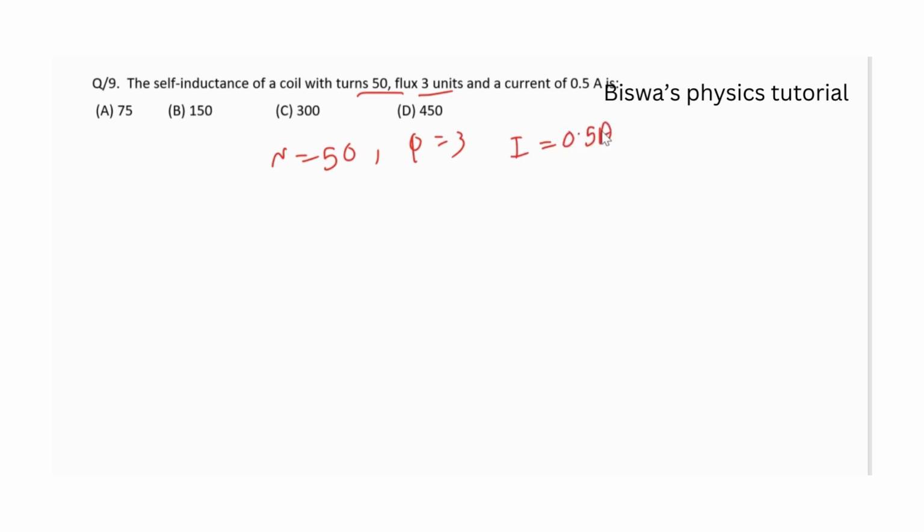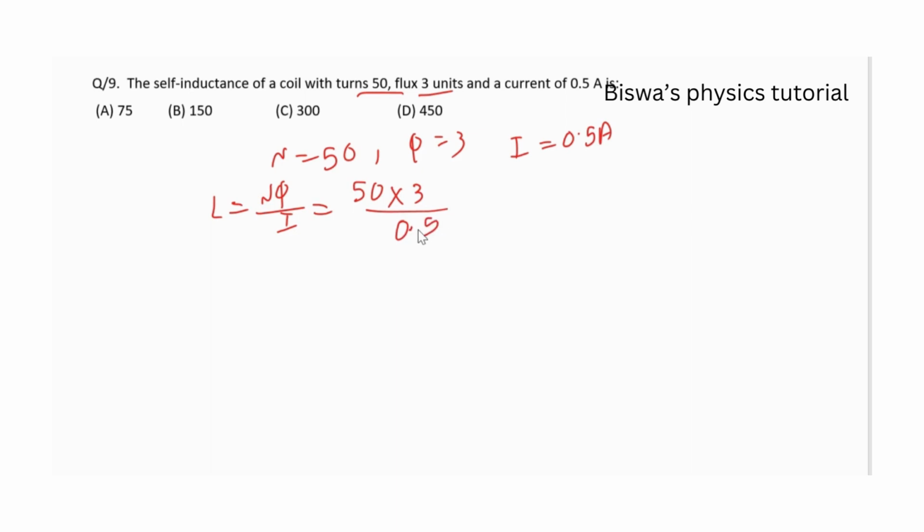The self-inductance formula, if you remember, is L is equal to N phi by I. In place of N, we put 50, phi is 3, and I is 0.5.